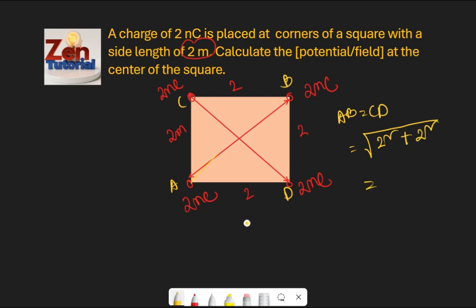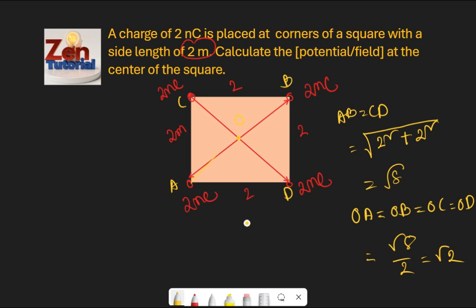So 4 plus 4, so square root of 8. So this is actually the diagonal AB. Now at the middle point, let's say O. So OA is equal to OB is equal to OC is equal to OD is equal to square root of 8 over 2. Indeed, we could write down square root of 2.